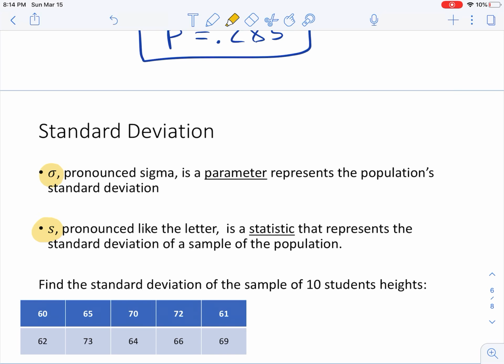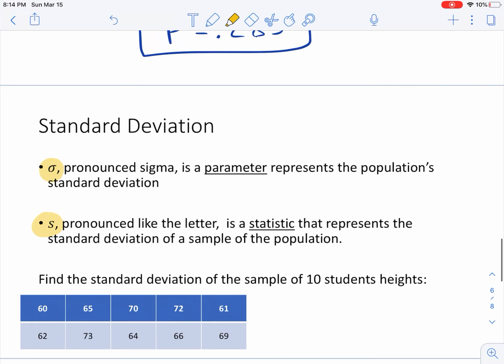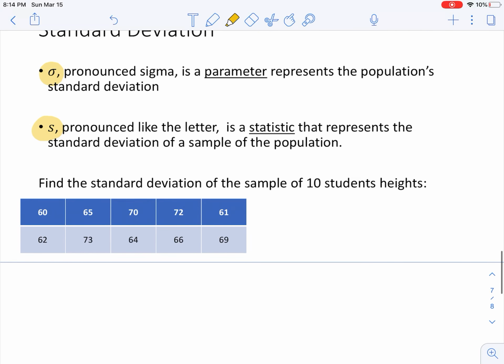So this is a statistic where sigma is a parameter. They want us to find the standard deviation of this sample of 10 students' heights and to use proper notation to state it. So I go into my calculator, I'm going to go into edit, and this is actually the same list of data that we had earlier, so I don't have to retype it in. I already have it all.